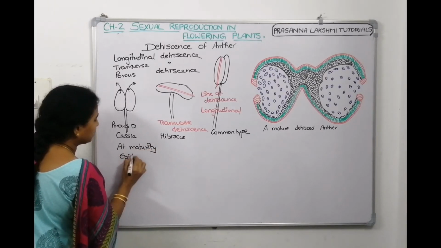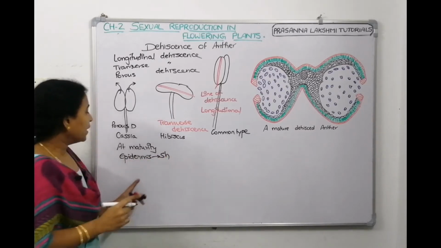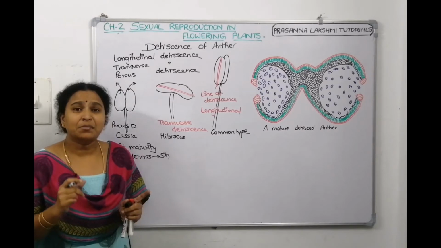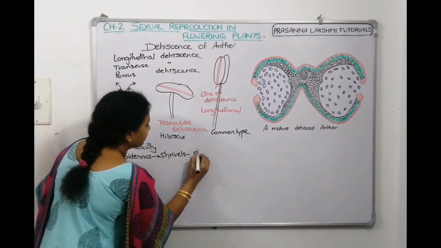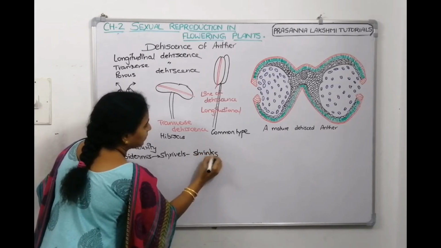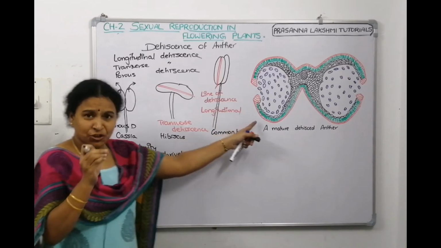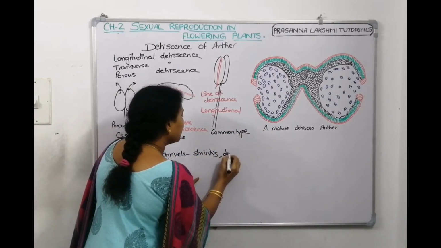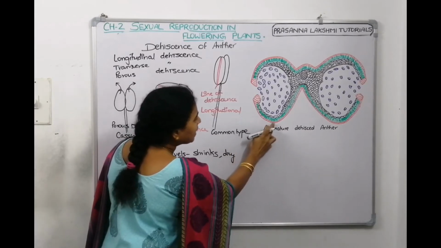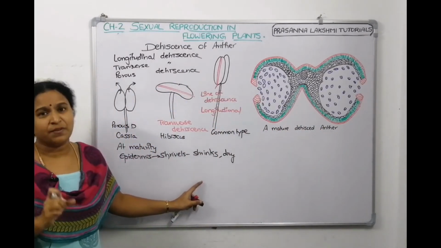At maturity, the epidermis shrivels, means it shrinks. It contracts and becomes dry. So that's why we represented a very thin layer of epidermis. It is dry, shrinking, shriveling.